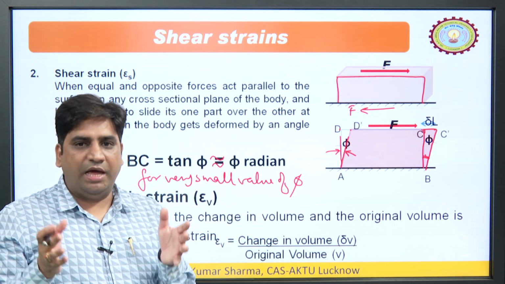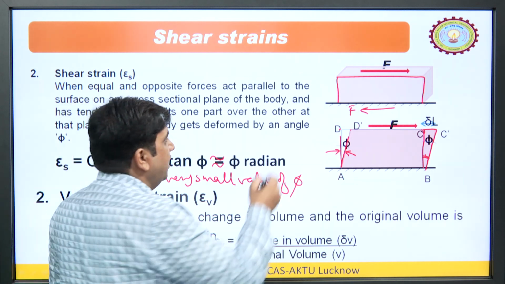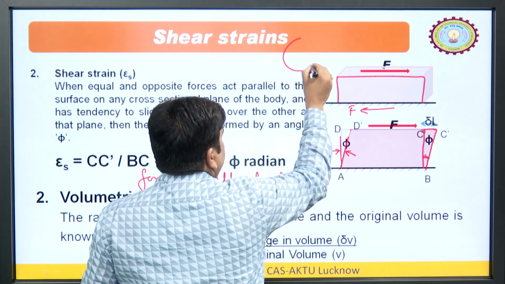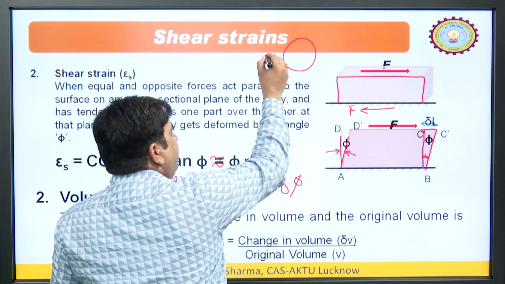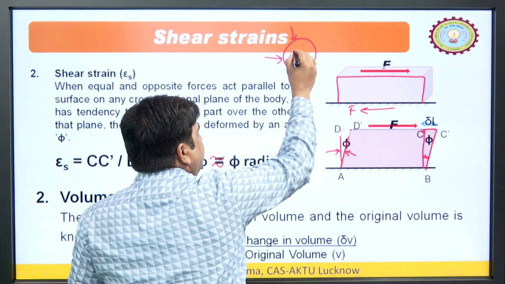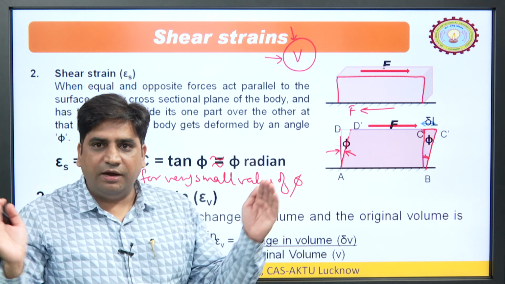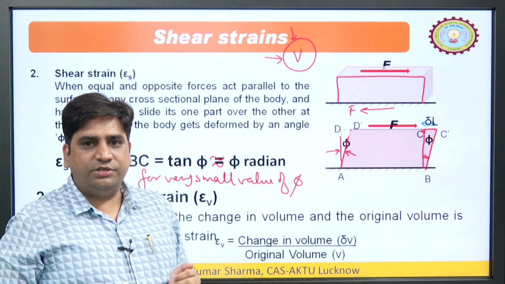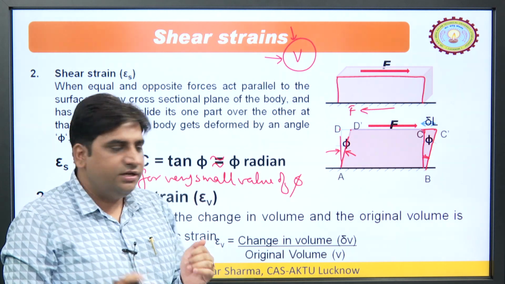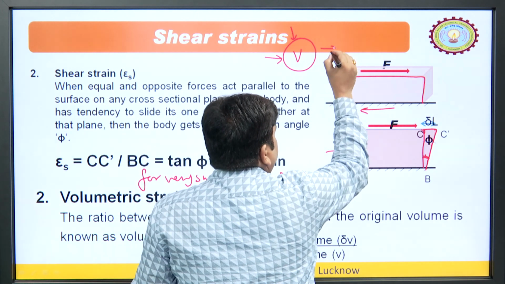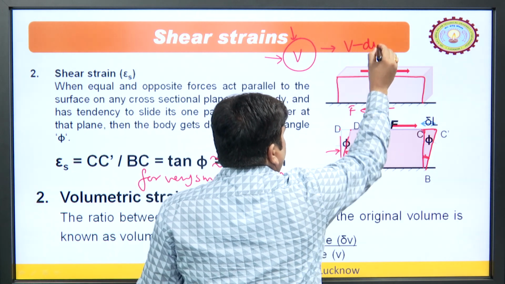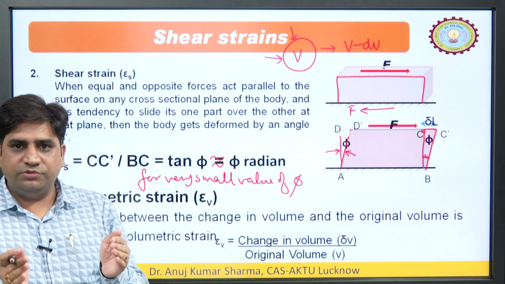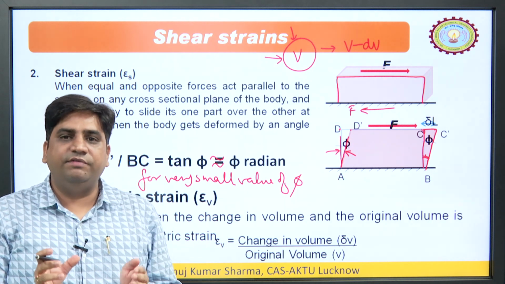Let us say we have one balloon, and initially the size of the balloon is this much, and we compress it. Let us say the initial volume is V, and if we compress the air, it becomes V minus dV. So, change in volume is dV.